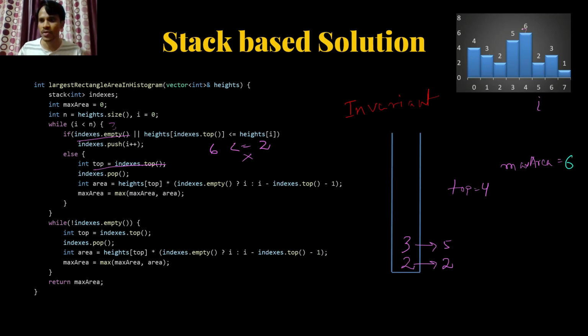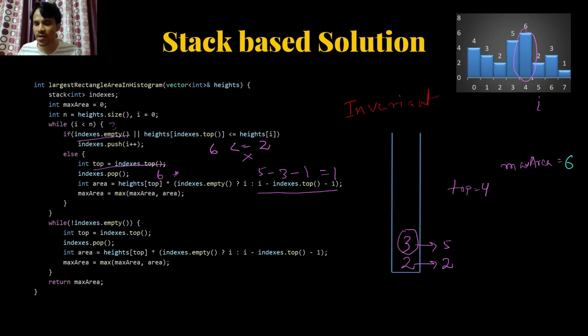So the 6 multiplied by, since the stack is not empty, we'll go to this portion of conditional statement. Here I is 5 minus top element, which is at the stack right now, is 3, the index, minus 1. So what is this? The value of this is equal to 1.